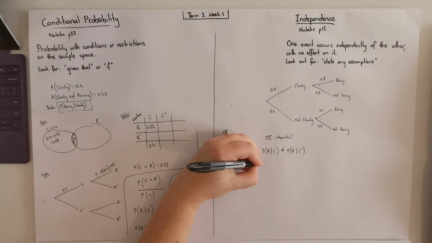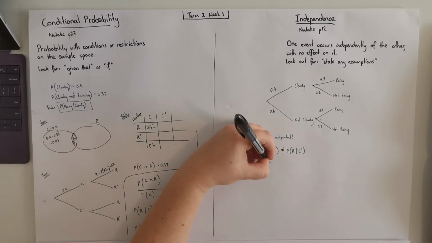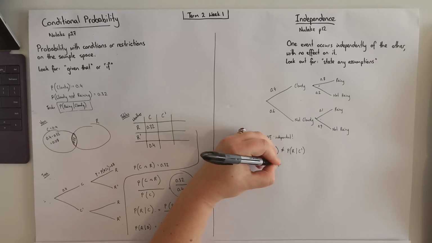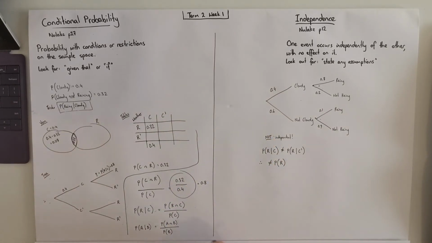Therefore, both of these would not be equal to the probability of it simply being a rainy day. That's something that we perhaps don't quite have yet, the probability of it being a rainy day.